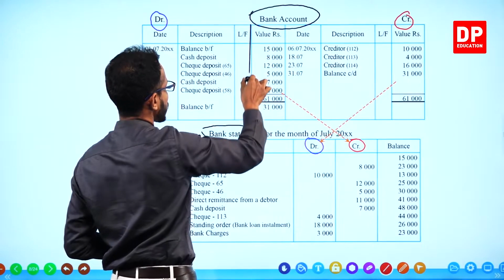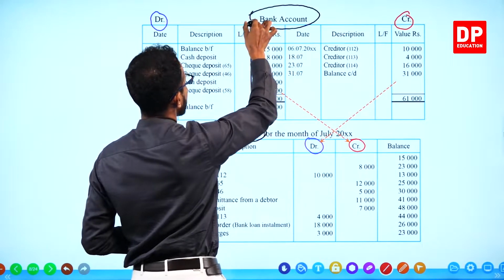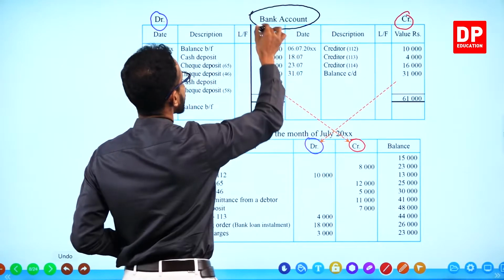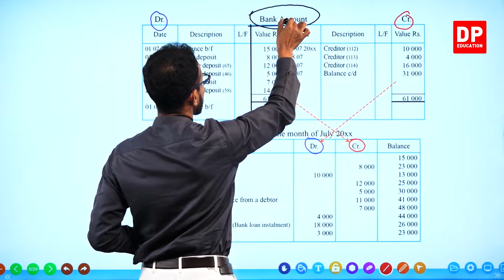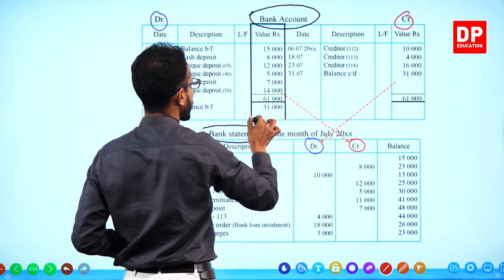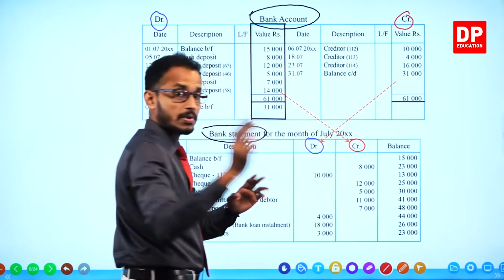Our bank account, debit side, and bank statement, credit side.